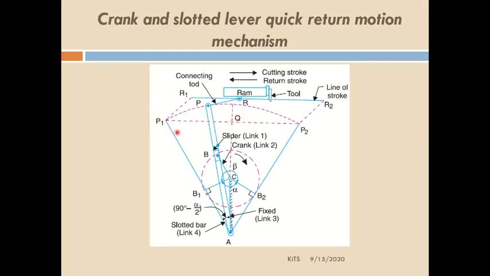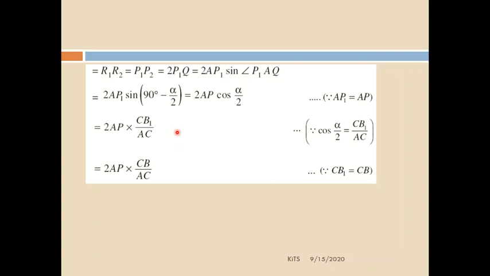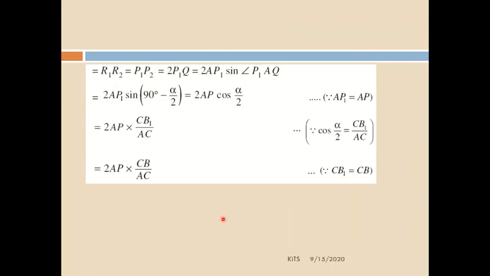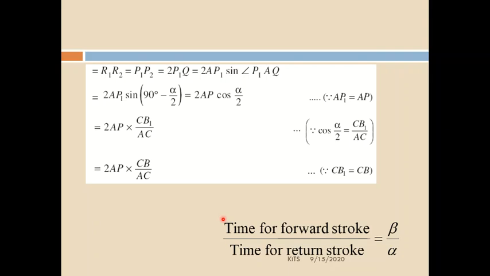Now, because we have to bring the angle inside, instead of writing P1P2, we can write A1P. A1P is the length of the slotted bar, A1B, and the angle, this angle. Okay. This is how we got this formula.